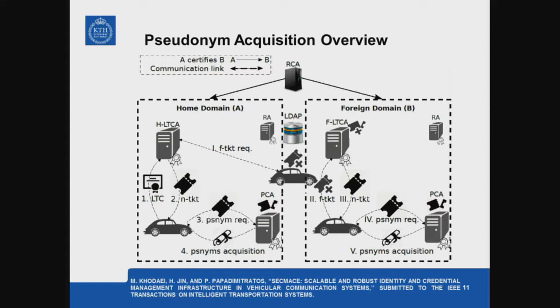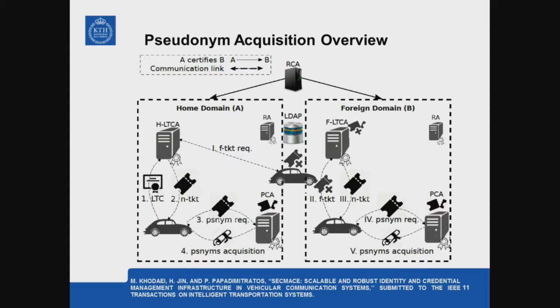The first step is to interact with the transport agency that each vehicle is registered with. When you interact with it, you receive an anonymous ticket. Using this ticket, you can present it to any pseudonym provider, the service providers, and request your required pseudonyms.